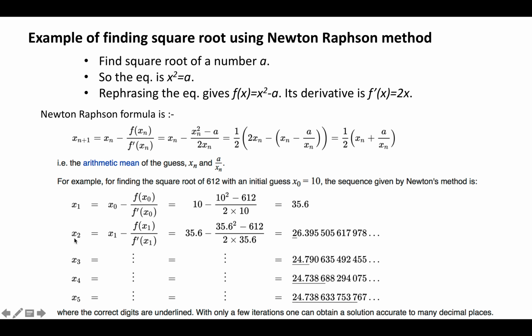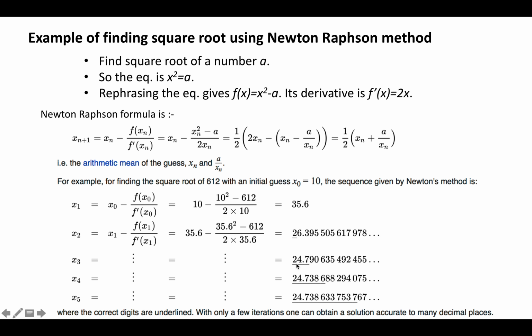Similarly, x2 is x1 minus f of x1 divided by f prime of x1. Substituting the value of x1 in the function and its derivative, we get 26.395 and so on, with higher digits. Similarly for x3, x4 and x5 we keep on iterating, and have a look at the new approximation obtained at every iteration.